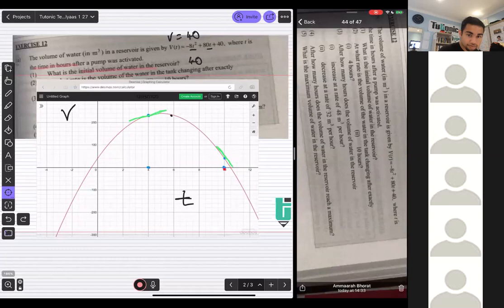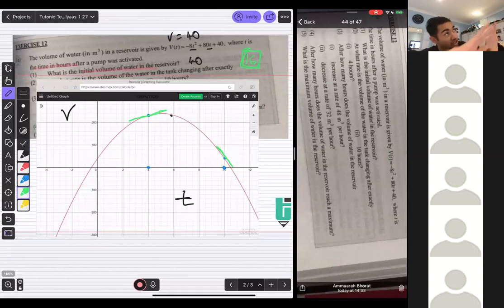Because when you subbed 4 into the derivative, you got 16, which means that the gradient is positive. If the gradient is positive, is the function decreasing or increasing? Increasing. That's how, using calculus, you can tell the shape of the graph.